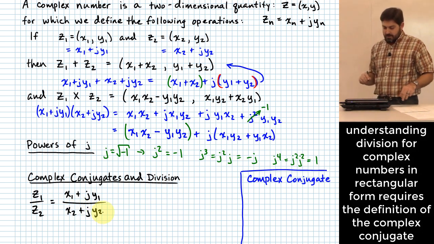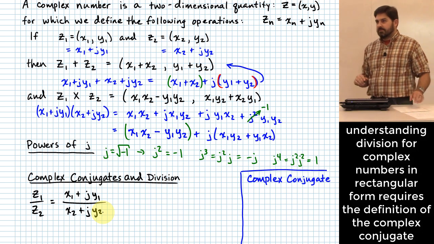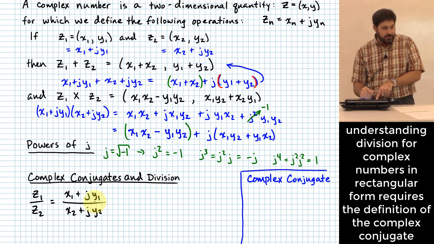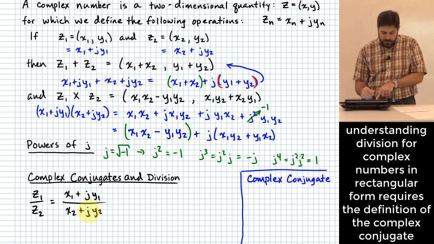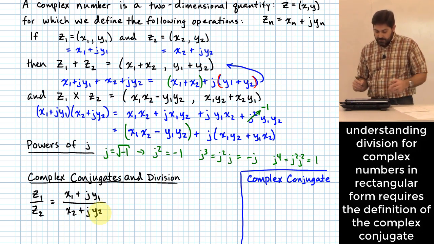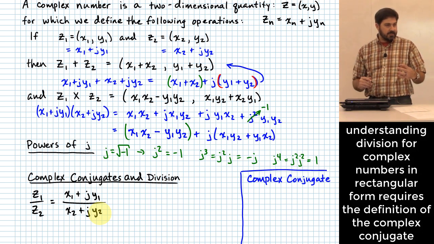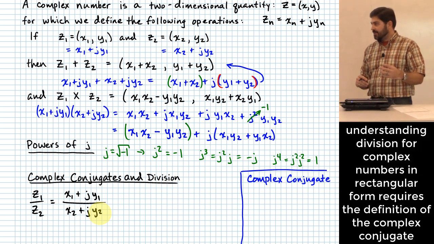That looks like it could be a bit of a hassle, right? Why is that? We would basically have to divide this up and do the first term with that denominator, then the second term with that denominator. Then we'd have to figure out what it means to have a real thing divided by a complex thing. That looks like it could be a little bit of a headache to try to algebra our way out of.